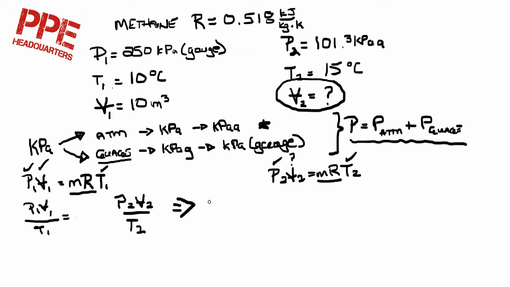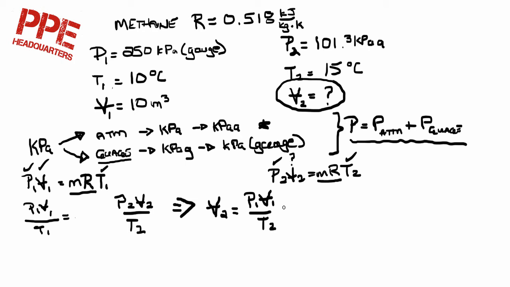If you guys don't understand how I manipulate these equations, just give me a shout in the comments, but I've done it so much, it's pretty simple to me. If it's not for you guys, give me a shout and I'll go through it in more detail later or in future episodes. So basically what I'm going to do is divide both sides by P2 and multiply both sides by T2.